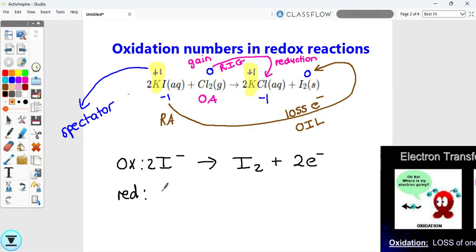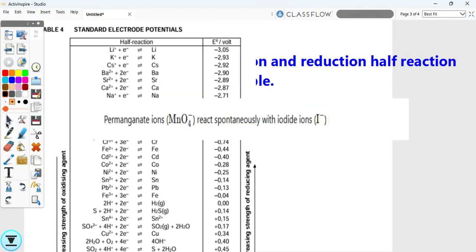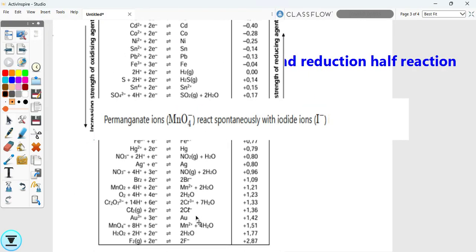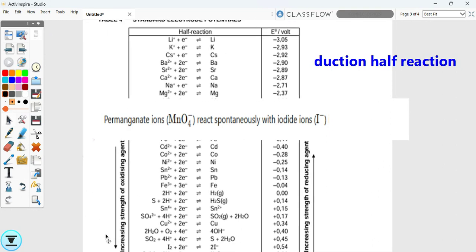The reduction half reaction I'm just going to write quickly as well. That starts with Cl2. So Cl2, and again you can go to your table and just find it there. It's quite at the bottom, the Cl here. So Cl2 can only go towards the right, and you can see that that is a gain of electrons, which is reduction. The table tells you that it's the oxidizing agent.